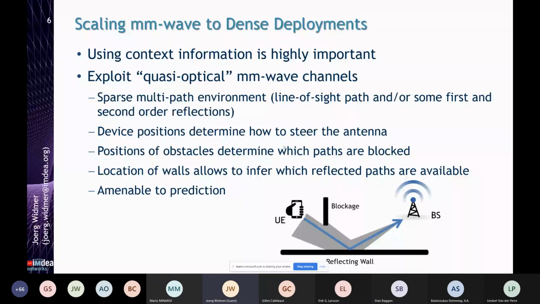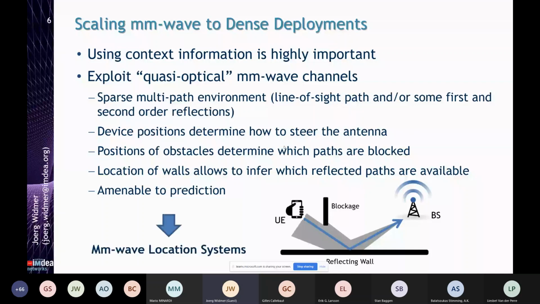So typically you have this one reflection, and you know where it is if you know your environment, and that allows you to configure your link. So the point here is this context information about what your environment looks like. That helps you a lot to solve this problem, because you don't need to try out all the possible combinations of base stations and directions. If you know what the scenario is, you already know what is a good base station and at what angle you should transmit to reach it.